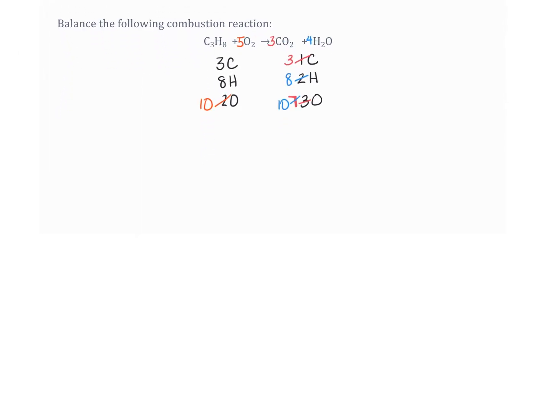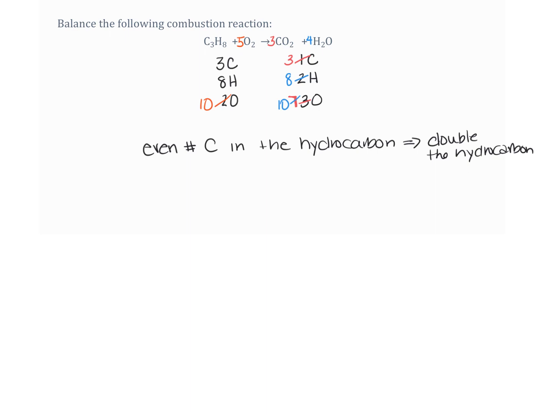I want you to notice that both of the examples we've done have an odd number of carbons in the hydrocarbon. When you have an even number of carbons in the hydrocarbon, it is going to make it easier to balance if you just double the hydrocarbon first. Right? And so, what do I mean by that?